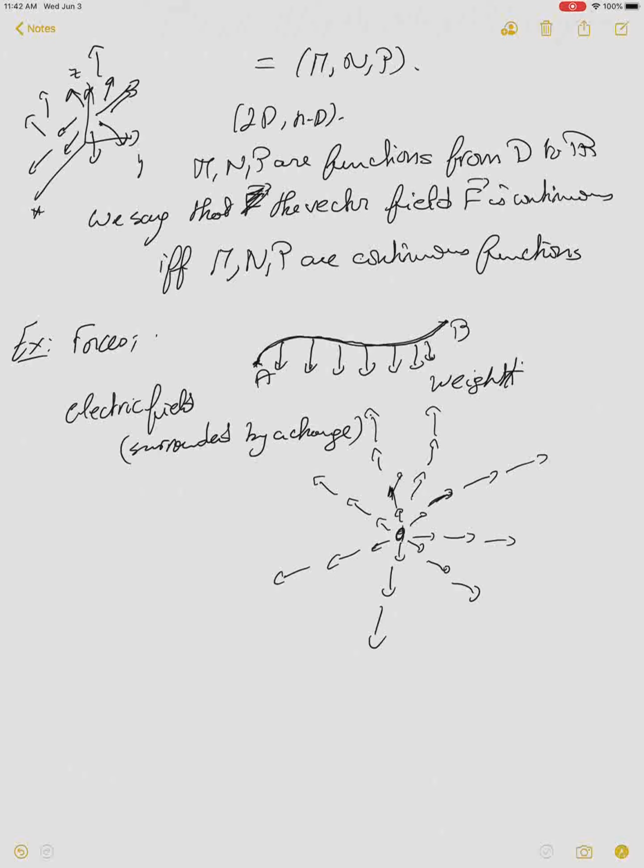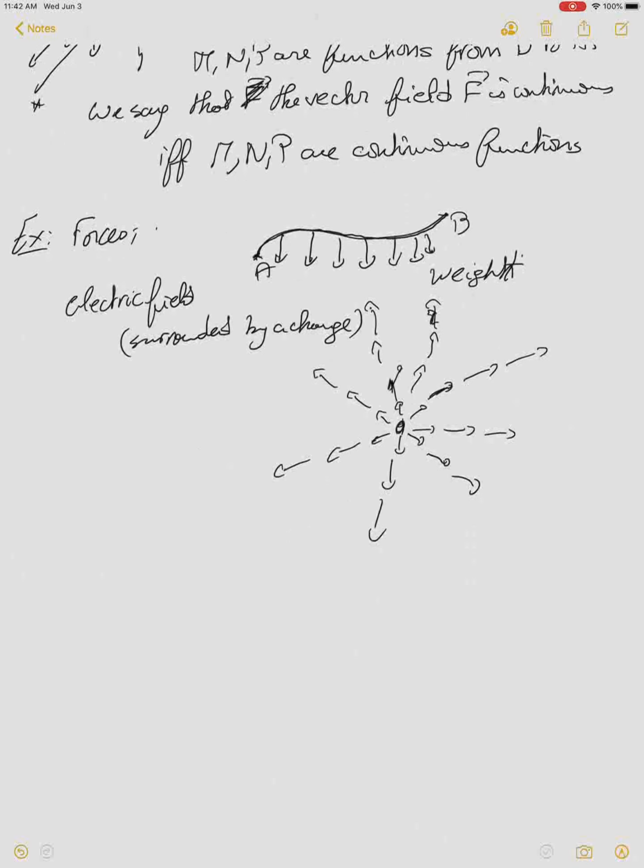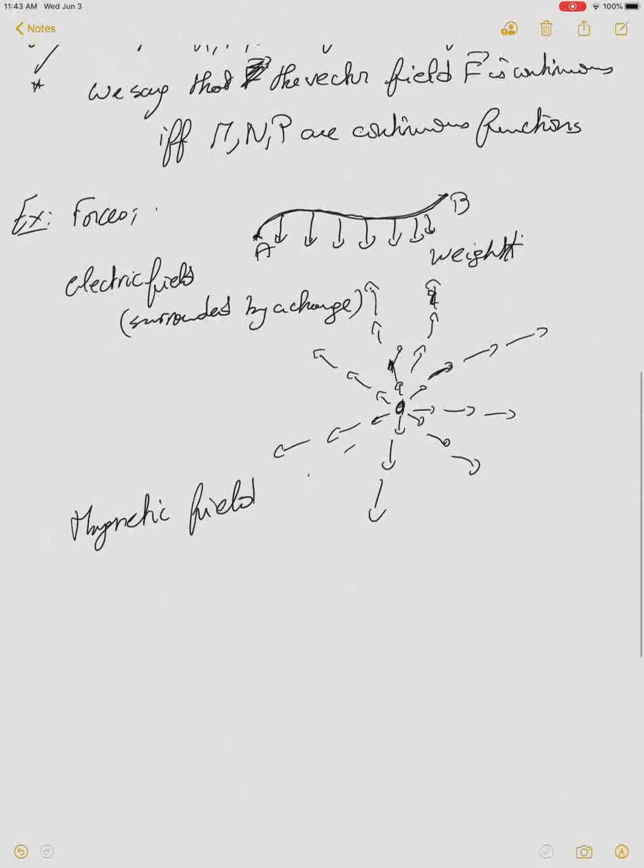So if I want to be more precise, this vector should become smaller and smaller, because the larger the distance, the smaller the electric field. There's also a magnetic field, for a magnet, like in this example.